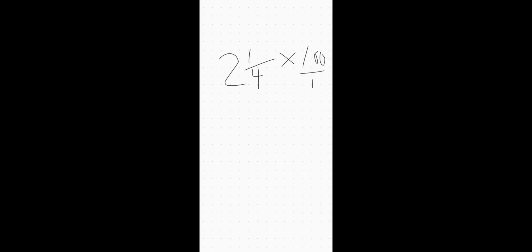Then you add the number on top. 8 plus 1 is what? 9/4. Thank you. So I have 9 over what? Over 4. I'll multiply that by what? 100 over 1.